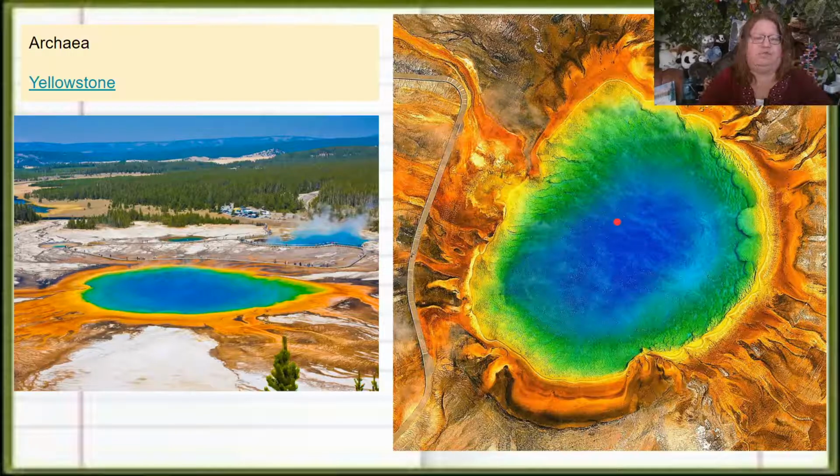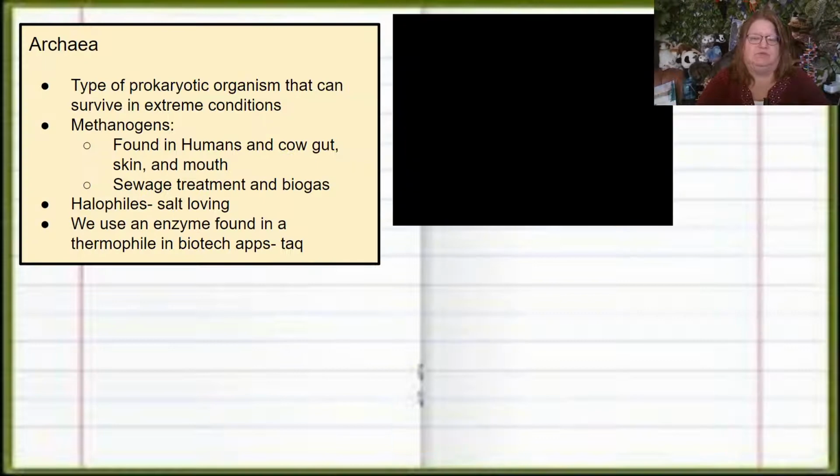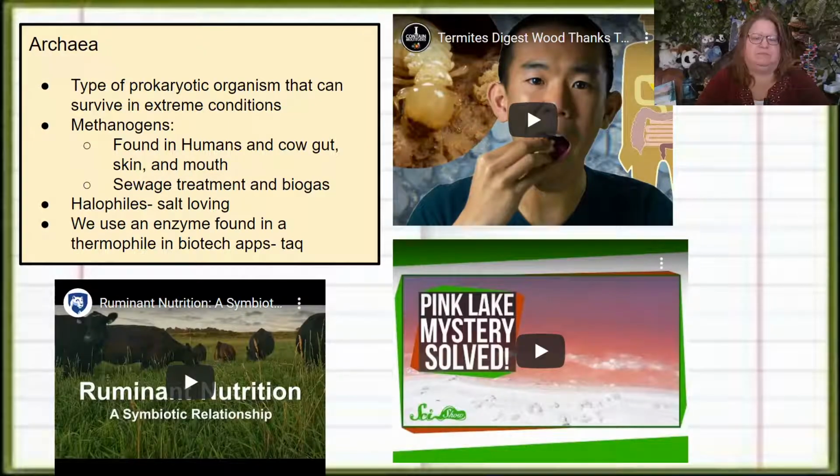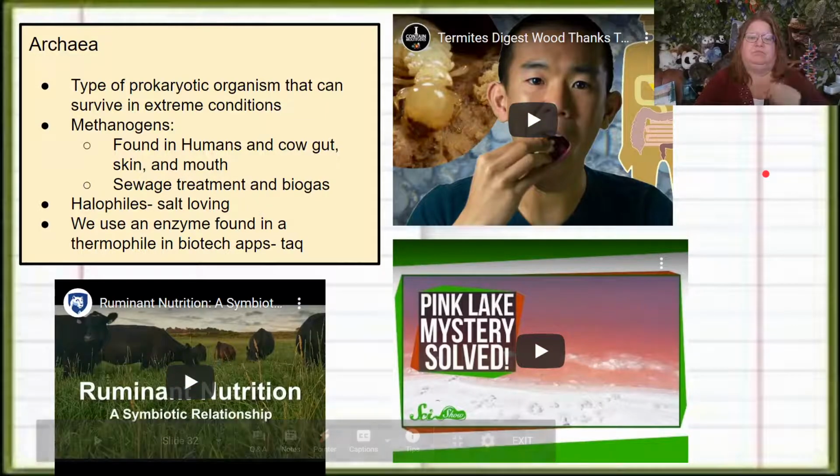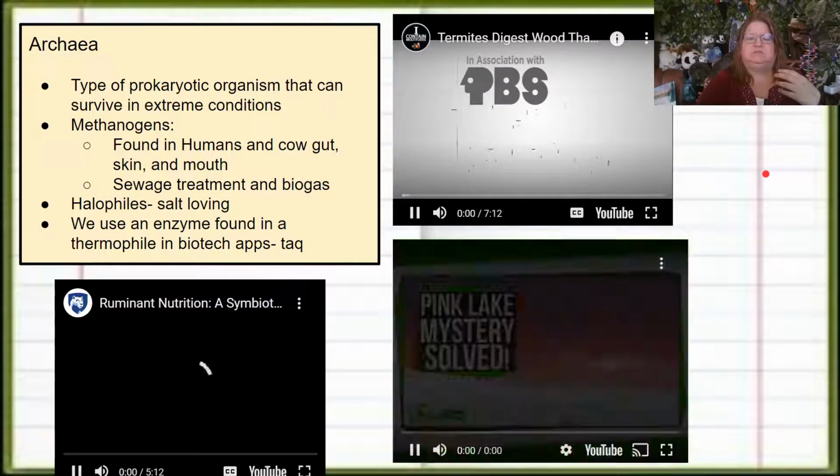So very beautiful. If you ever have a chance to go out to Yellowstone, absolutely go. It's a beautiful area, very interesting. And so you can see there's lots of different examples here of very salty lakes, in termites, in cows. We have archaea.